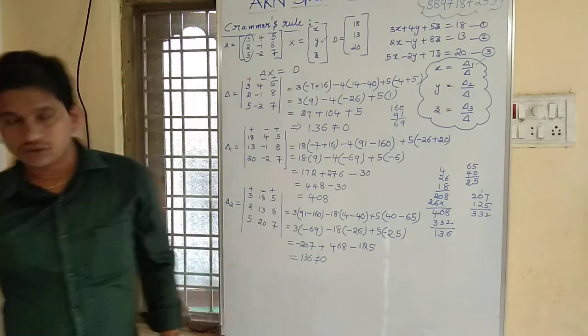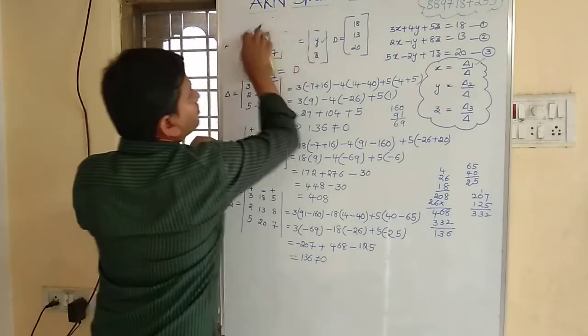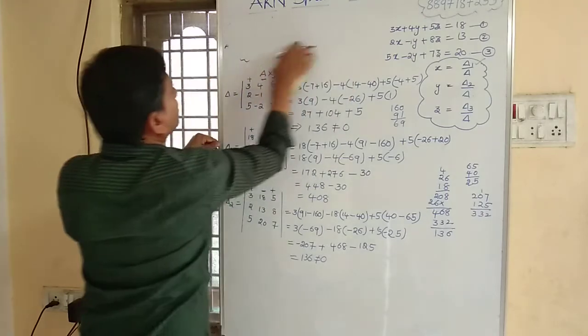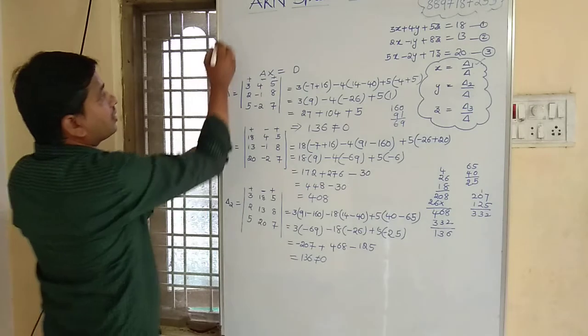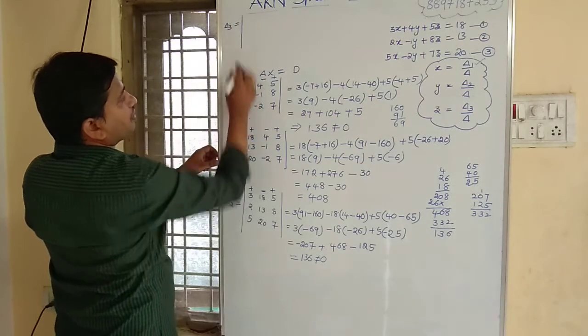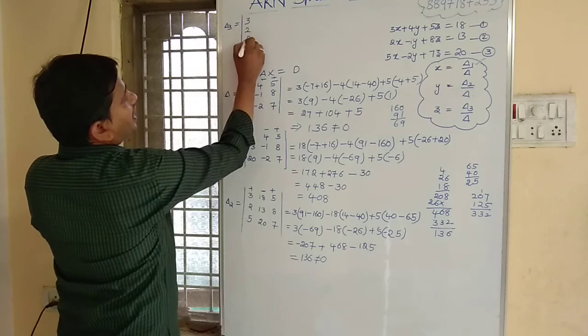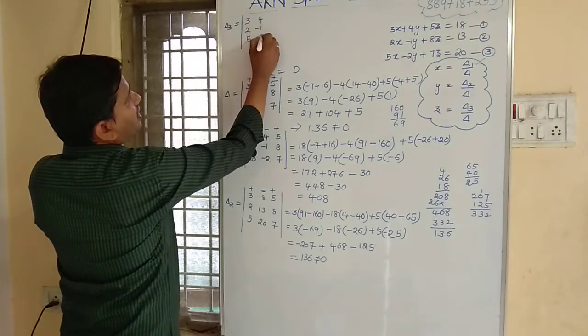Okay, now what to do? We need to find delta 3. How to find delta 3, children? Let us keep the first column as it is, 3, 2, 5. Second column as 4, minus 1, minus 2.